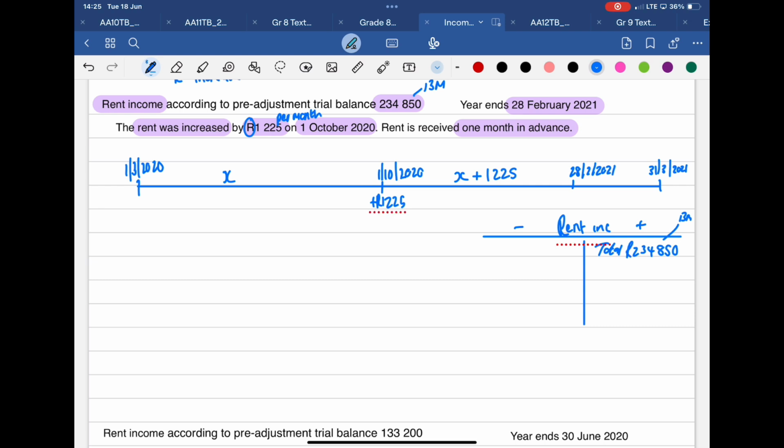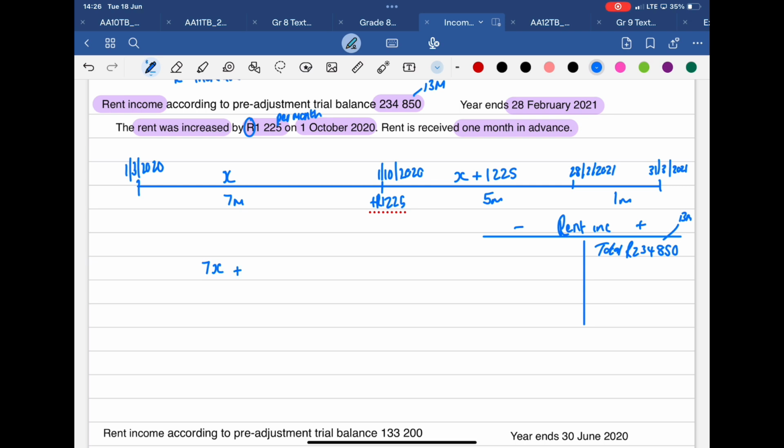The 234,850 covers 13 months, so we count how many months we received the normal amount and how many the extra bits as well. I count 7 months of X from March to September, and 5 months from October to Feb, plus an extra month, which is March. So my months add up to 13.